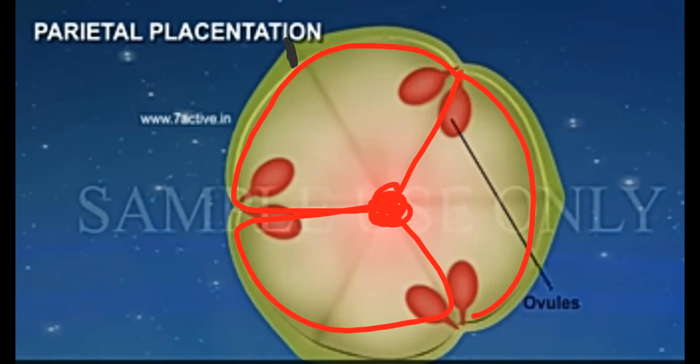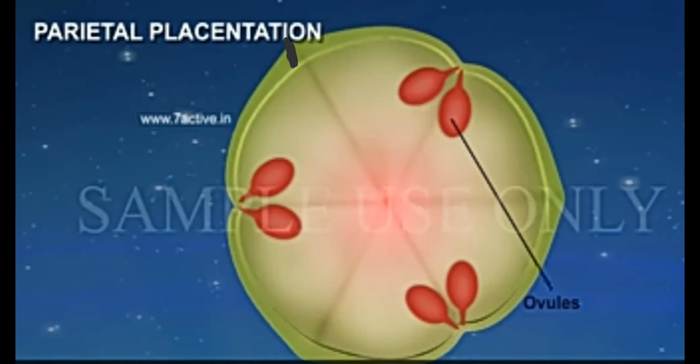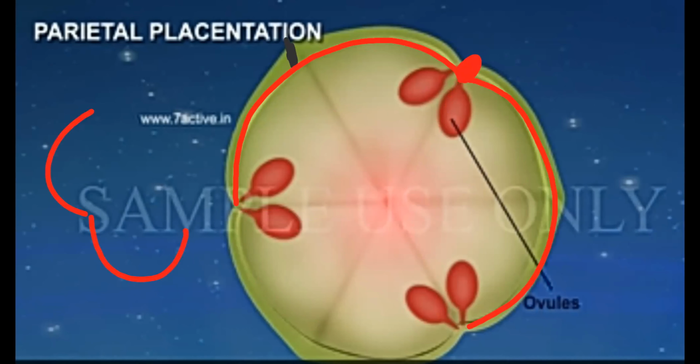Parietal. Parietal meaning periphery. In this, the placenta forms at the periphery site. At that periphery, the carpels, one carpel, second carpel, third carpel, exactly at this point where they are joined, touching each other, placenta formation takes place, and on which the seeds or the ovules are arranged.